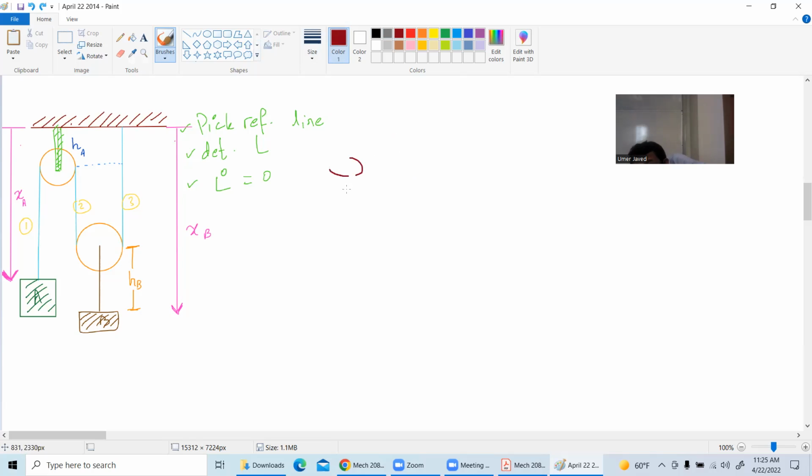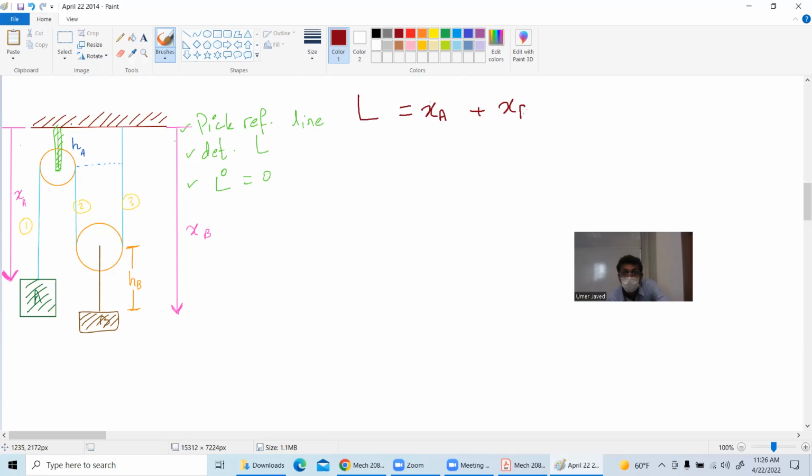So, 1 minute. The solution is L equal to, anyone who figured it out? XA plus 2x. Good, very nice. So XA plus XB, I suppose, minus HB plus XB minus HB minus HA.